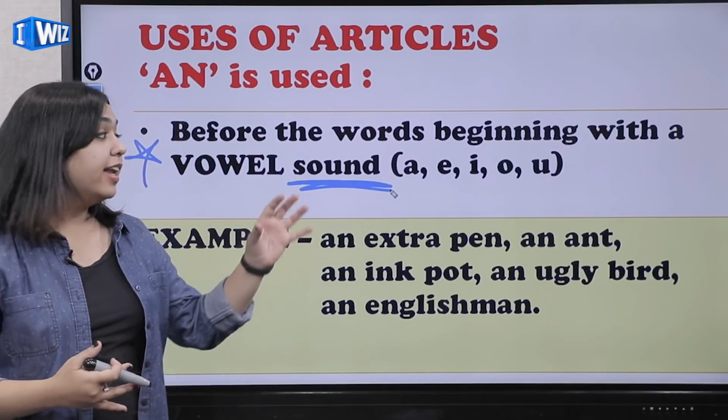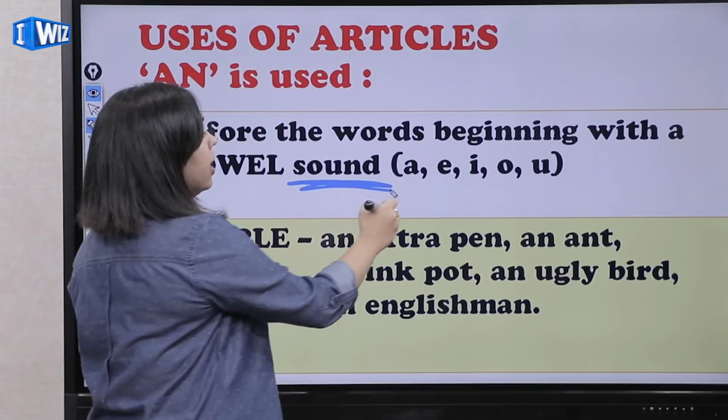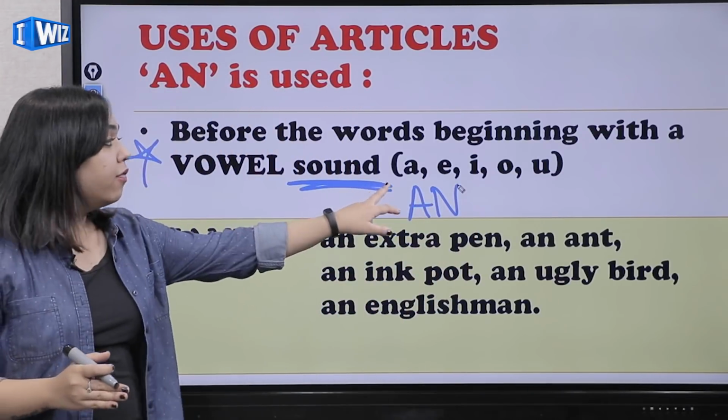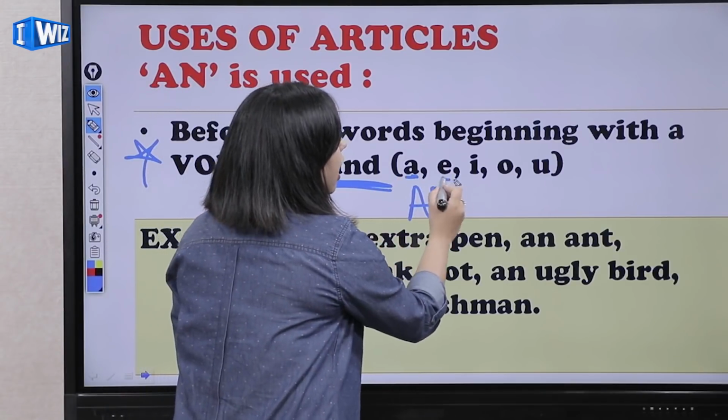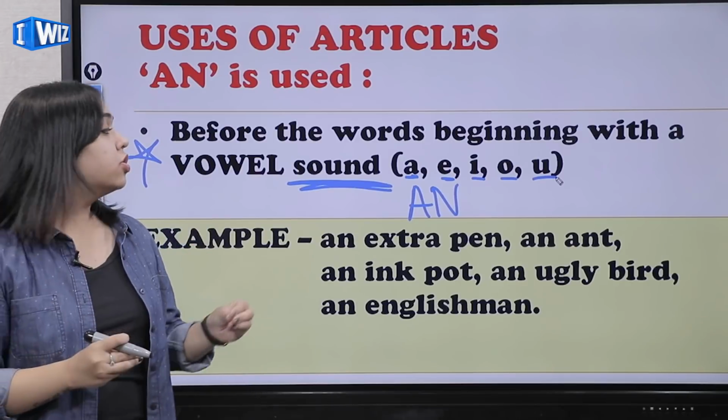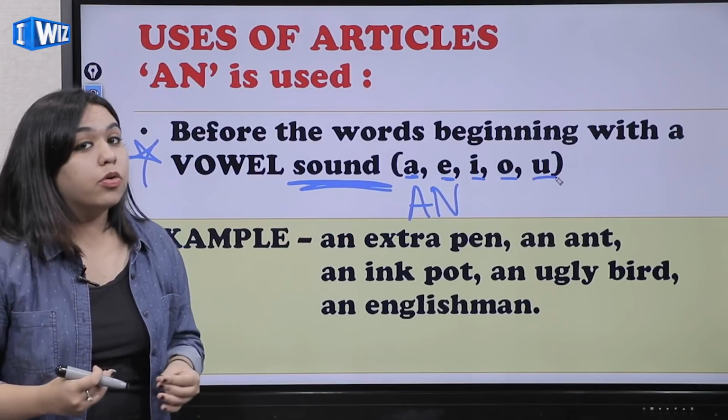So wherever you find these sounds, you are going to use the article an. It's not necessary that wherever you find these letters A, E, I, O, U, you are going to apply an. No, it's not necessary. You have to go by the sound of the vowels.